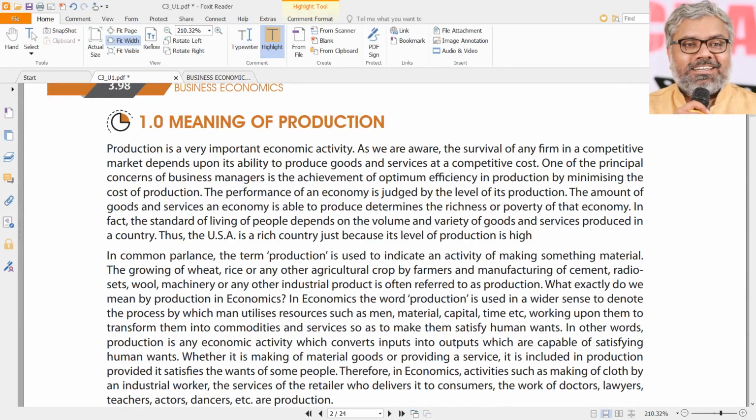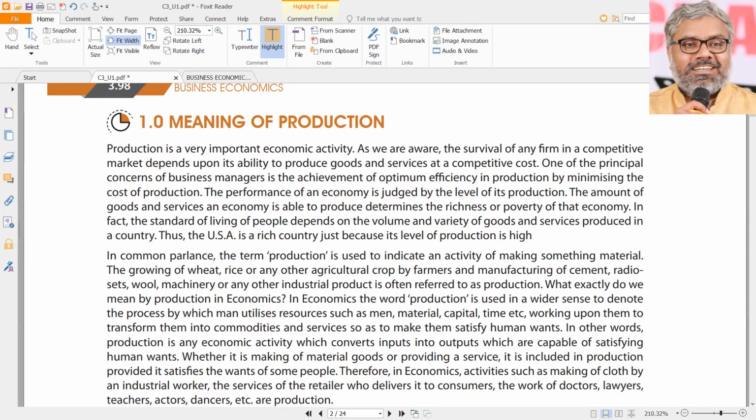What does production mean? Of course, there is a commonly misconceived idea that production means manufacturing something tangible. That's what we normally mean colloquially. But is that what production means in economics also? That is where we have to focus.